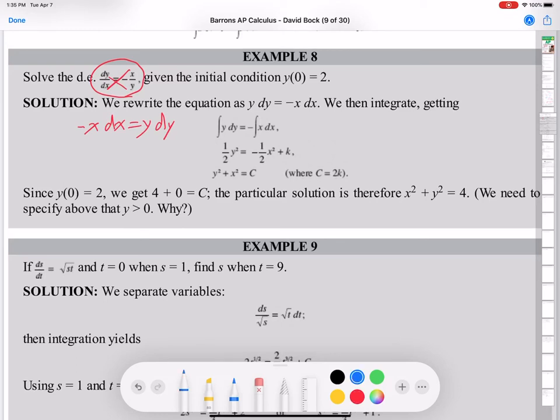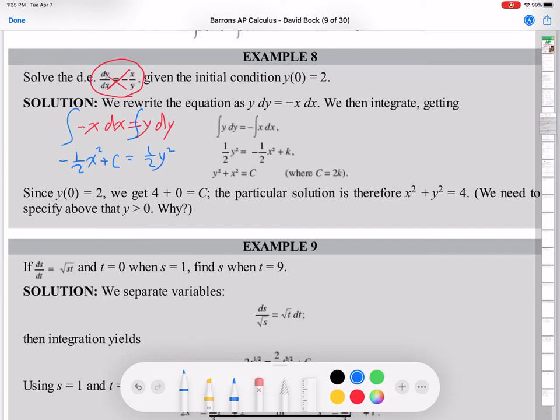And then put the integral on both sides. So what is the integral of negative x? Which is negative 1/2 x squared. That plus c is equal to the integral of y, 1/2 y squared.